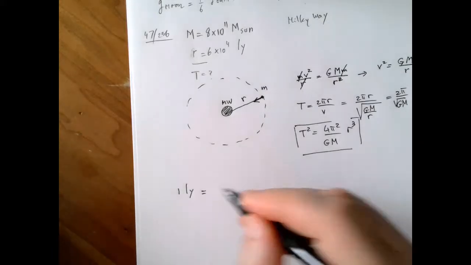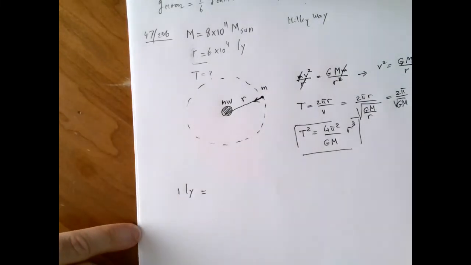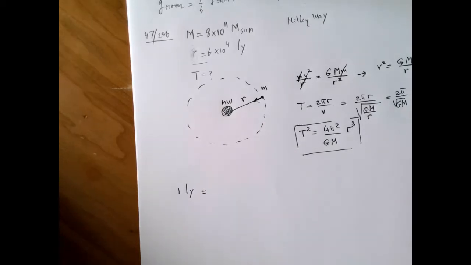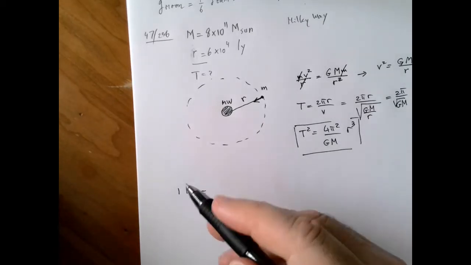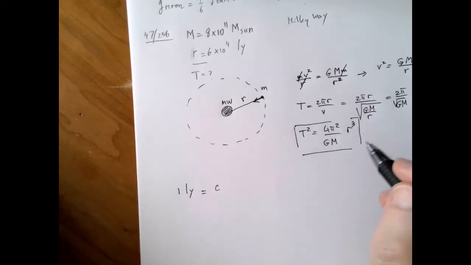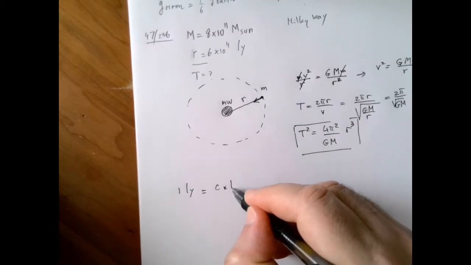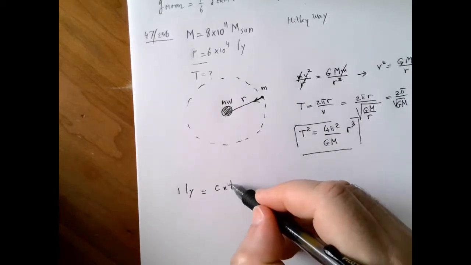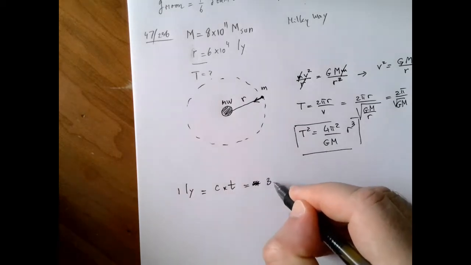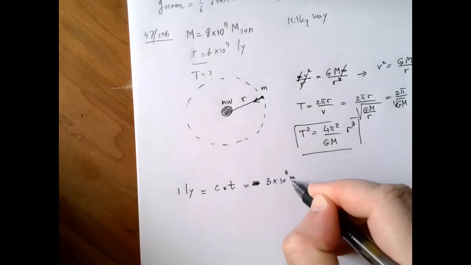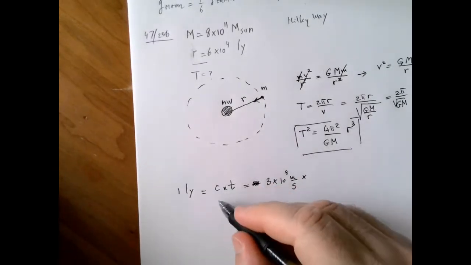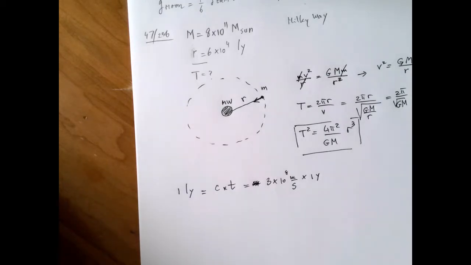Well, 1 light year, as the textbook mentions, is the distance traveled by light in 1 year. So 1 light year is a distance. So we have to use the speed of light multiplied by time, and the speed of light is 3 times 10 to the 8 meters per second, and the time is going to be 1 year.